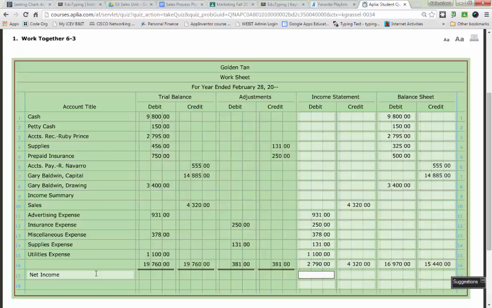My question for you is, who gets that money? The owner. What account are we affecting when we say the owner gets that money? Capital account, and the capital account is found where?